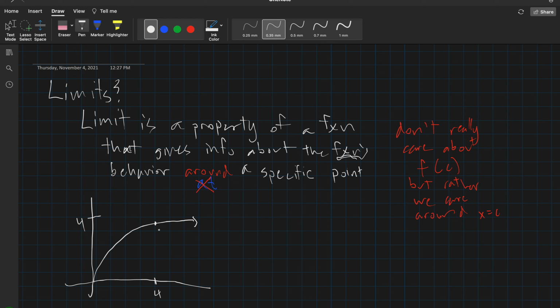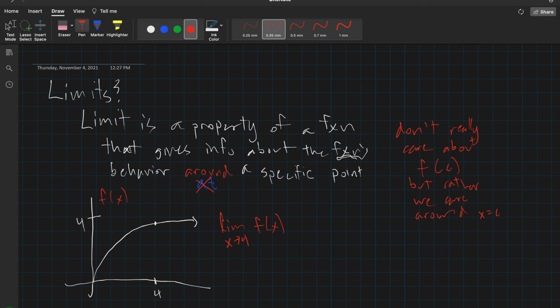So one question when trying to figure out the behavior of this function, we might ask, what's the limit? And let's say that this is some function f of x. We won't actually give this function a name. This will just be more generalized. So what's the limit as x approaches 4 of f of x?